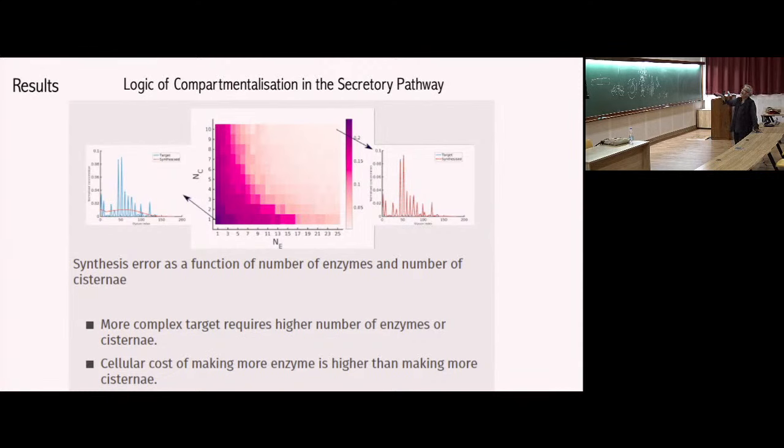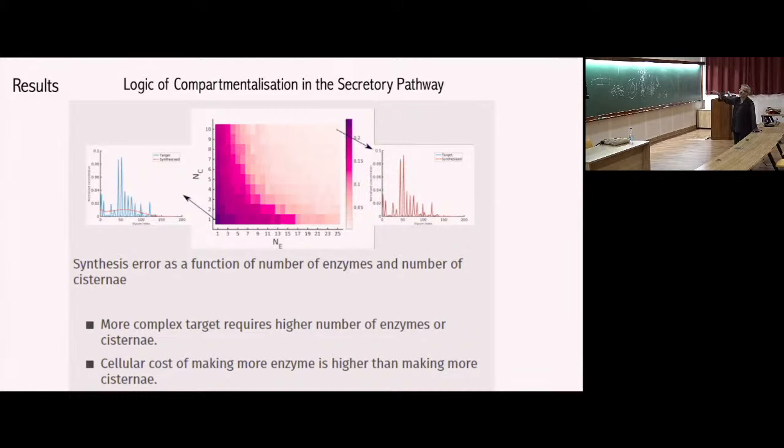Okay, so they're roughly in the same range as you see in a cell. What the color scheme shows here is the fidelity F. What you want to achieve is, of course, a low F, and you can see that low F for a given complex target distribution, this is from the human neutrophil data, comes in this region, where you have a larger number of NC and many enzymes.